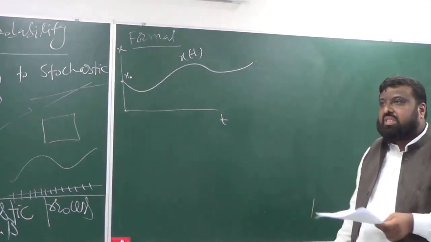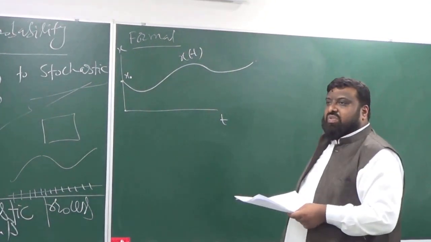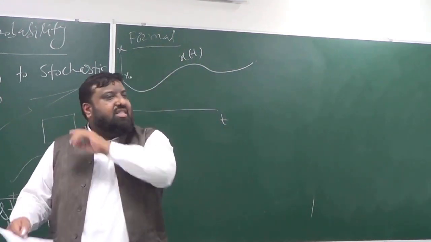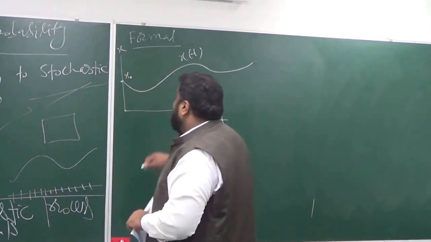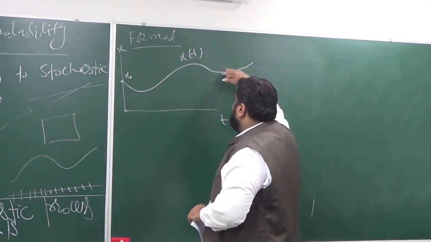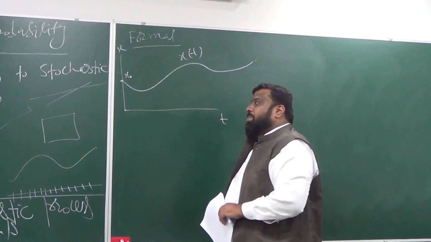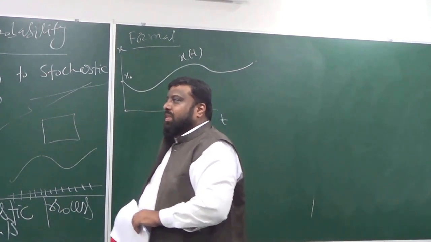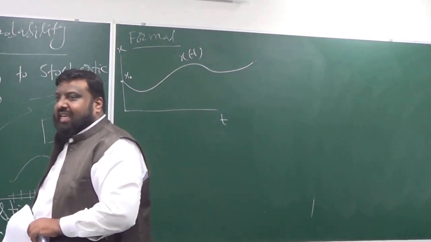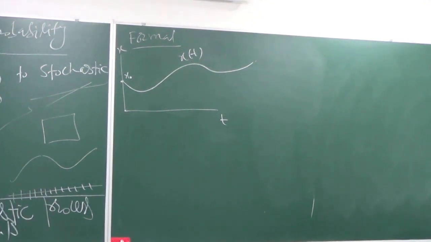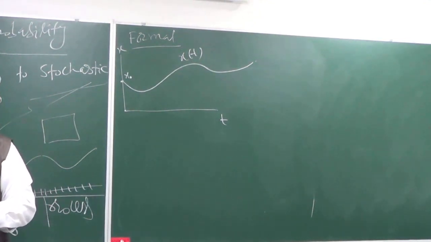In other words, we are assuming that this particle has such a smooth displacement path. But think about that. Can something have a really smooth displacement? The answer would be purely no.